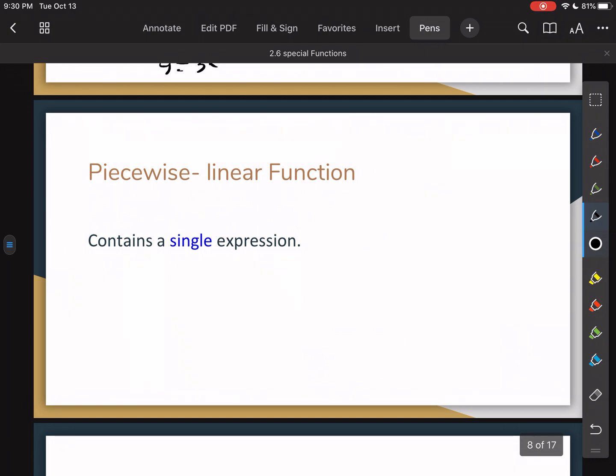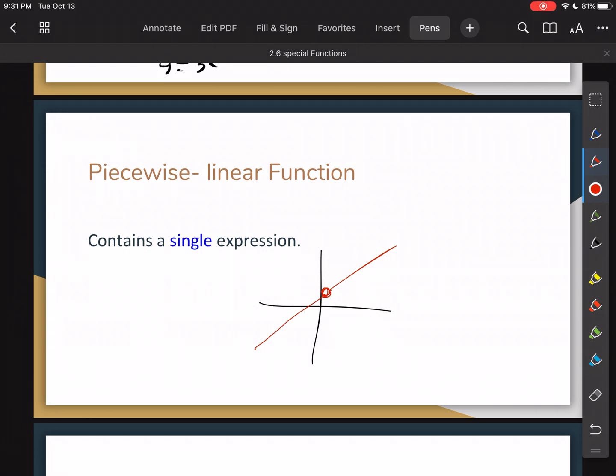That's okay. A piecewise linear function contains a single expression, so we could have a piecewise function that's a single expression where we just have a hole in the graph. What that would look like is this line, but then there would be a hole somewhere in the graph, and then the line would continue. Like we couldn't have one of these x values for some reason.